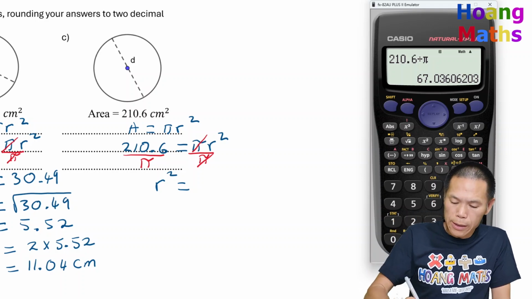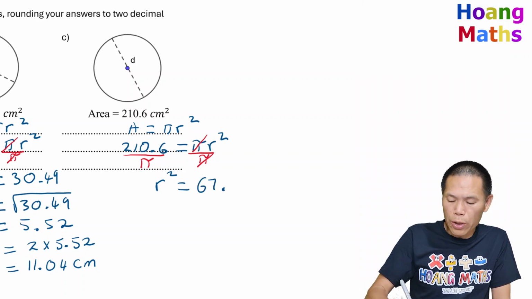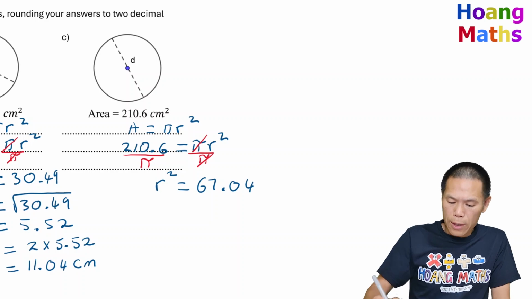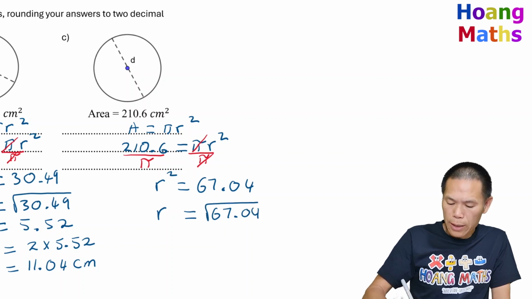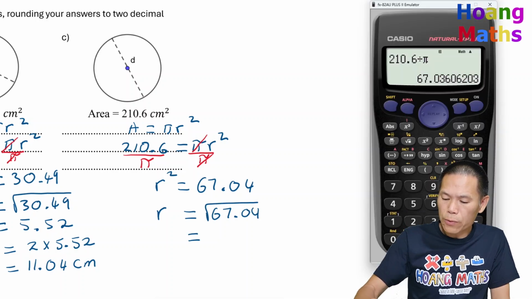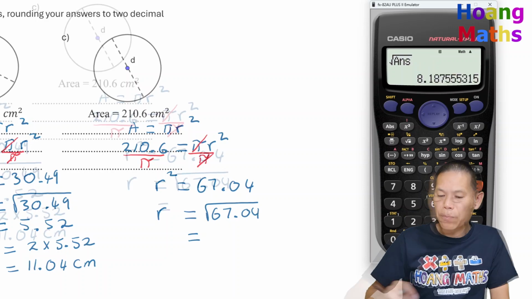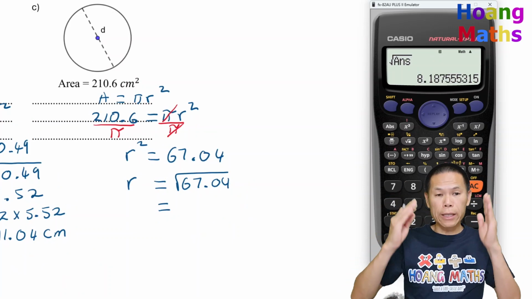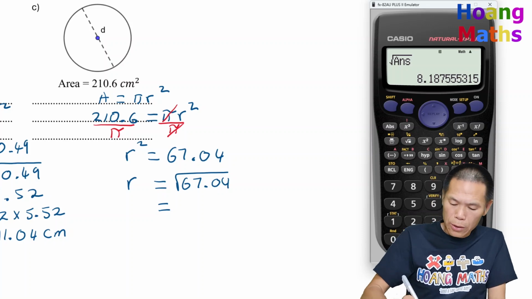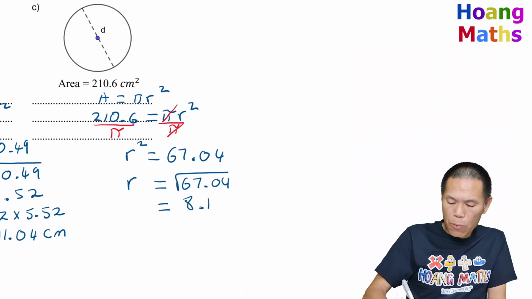So 67.04 and square root of that. R equals the square root of 67.04. That is square root, the answer. So there you go, 8.19, that will do for now. So 8.19.